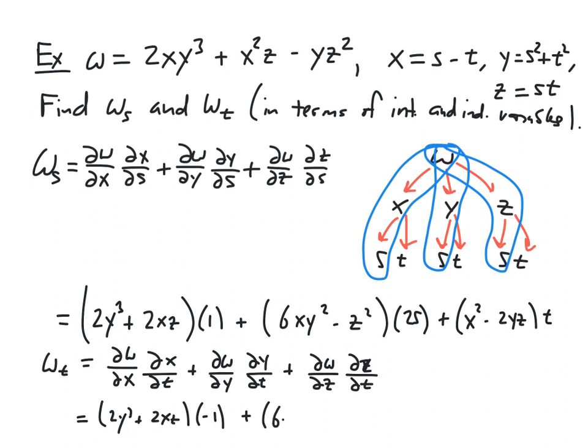We'll have 6xy squared minus z squared multiplied by del y del t, which is 2t. And x squared minus 2yz multiplied by del z del t, which is s. And so we can just replace these 3 derivatives in terms of s with the appropriate derivatives in terms of t. And it makes computing the second partial a lot quicker.